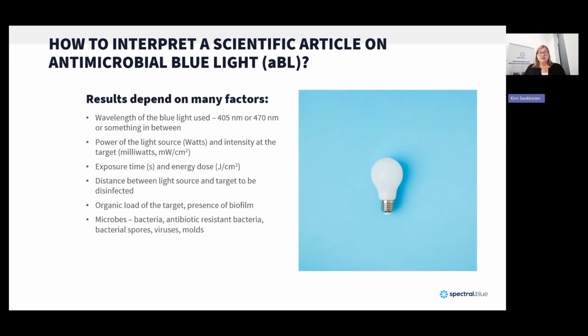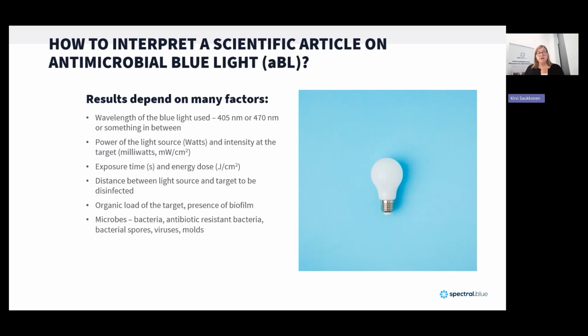Then the power of the light source and the intensity at the target. Here you often find different parameters in the article, like watts or milliwatts per square centimeter. These differ, and they of course have an effect on the results.